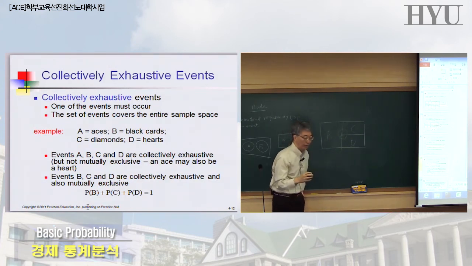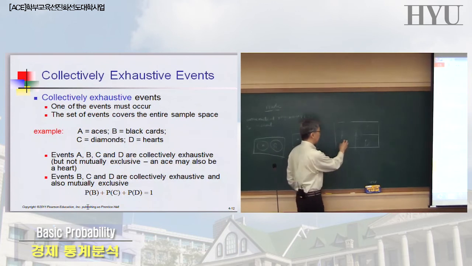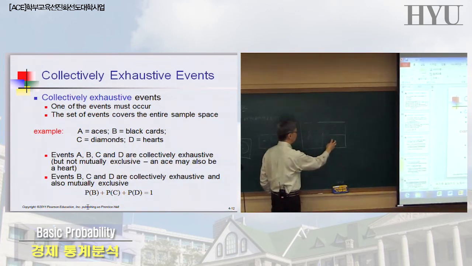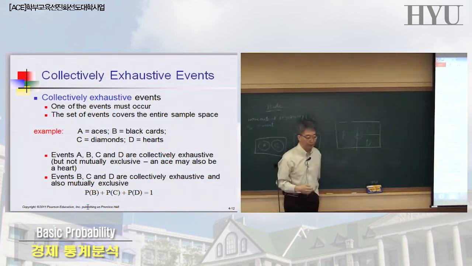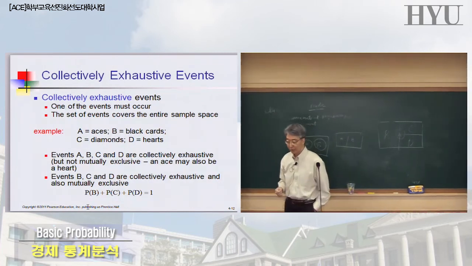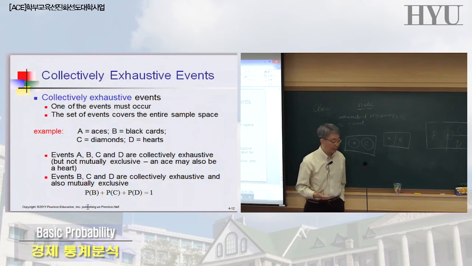But they are also, what? Collectively exhaustive, right? Because these three events, black cards, hearts, and diamonds, cover the entire area, all 52 cards. So B, C, D are mutually exclusive and collectively exhaustive. But what about A?